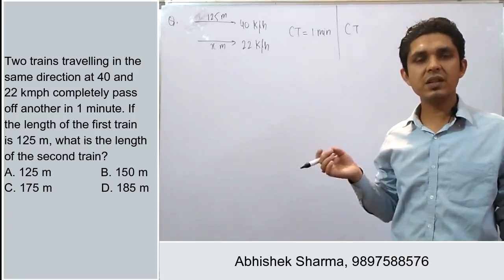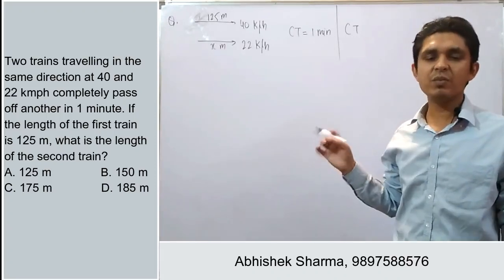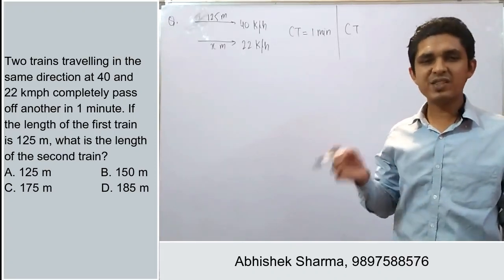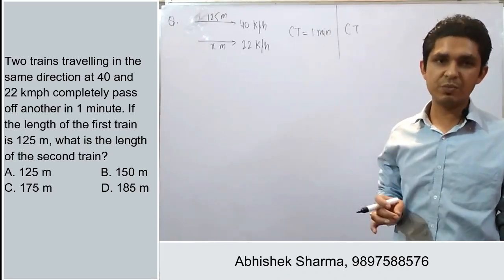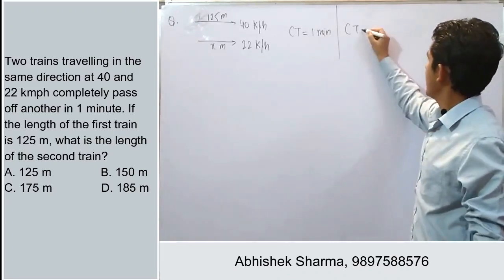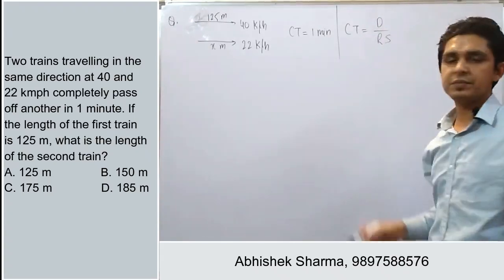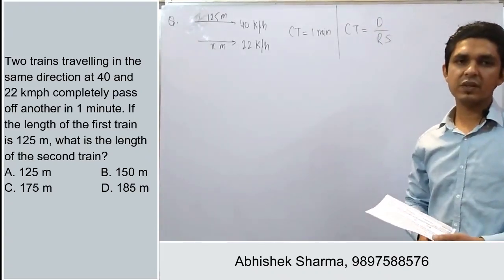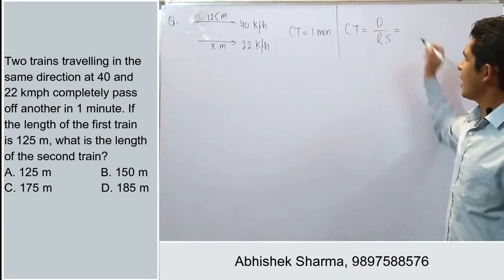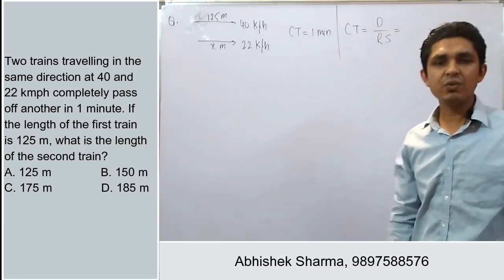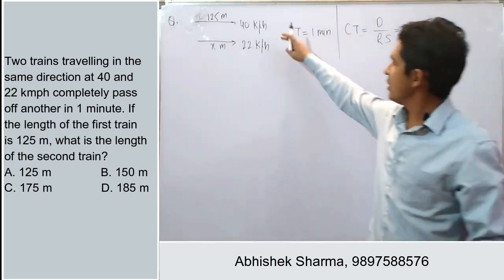But because here there are two bodies, time will be replaced with crossing time and speed will be replaced with relative speed. Then crossing time becomes total distance divided by relative speed, right?